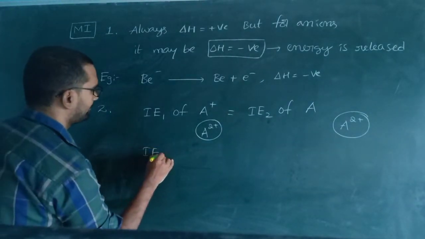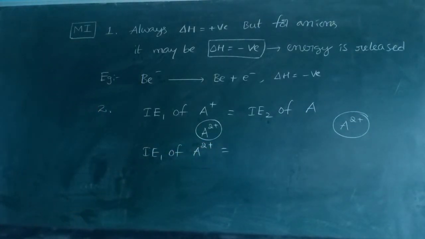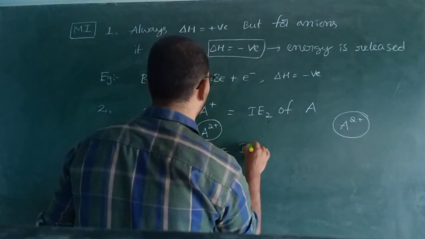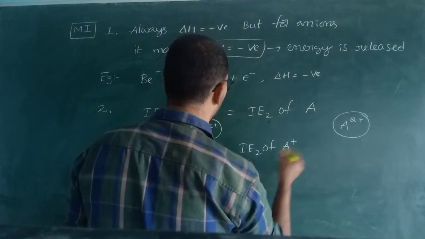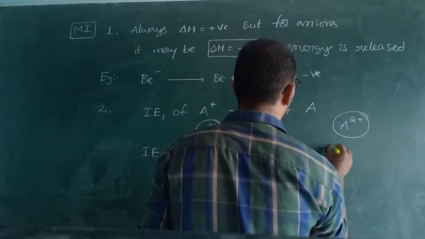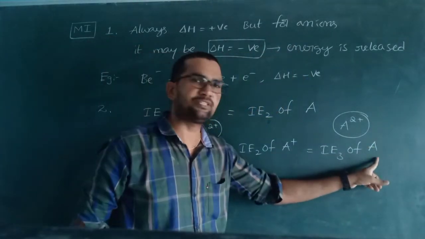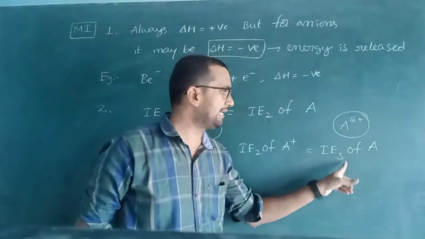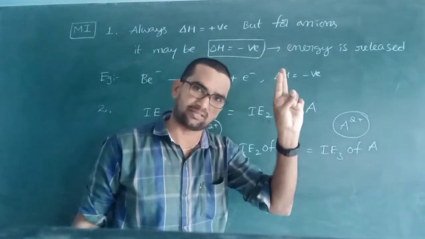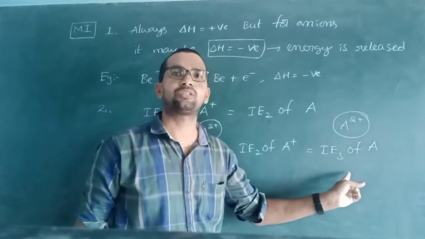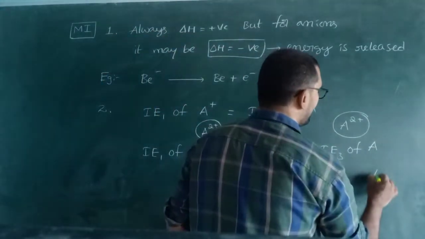One more, write down: IE1 of A2 plus is equal to IE2 of A plus, which is equal to IE3 of A. IE3 of A means the third electron: A has already lost 2 electrons, and removing the third gives A plus 3.